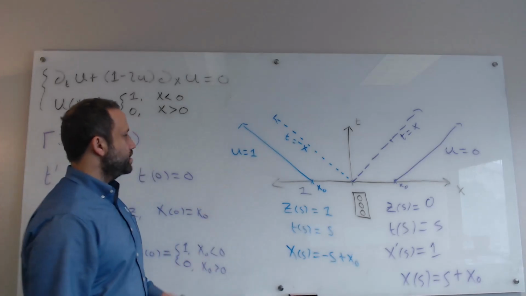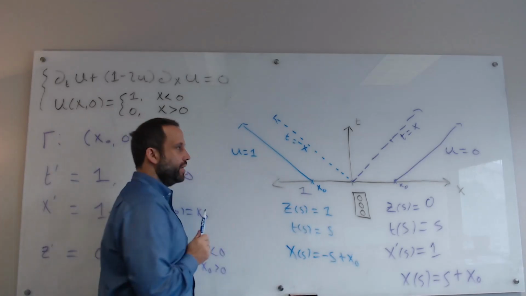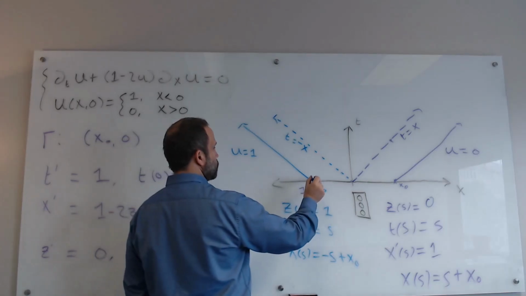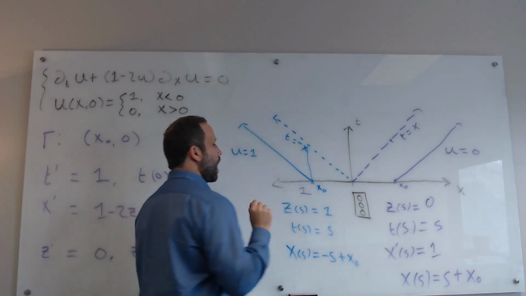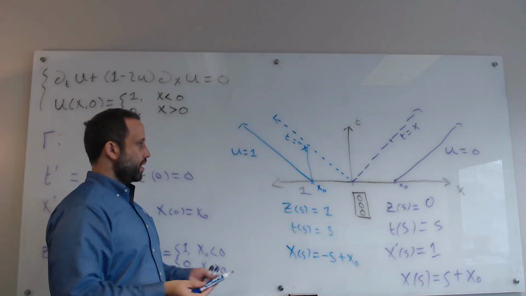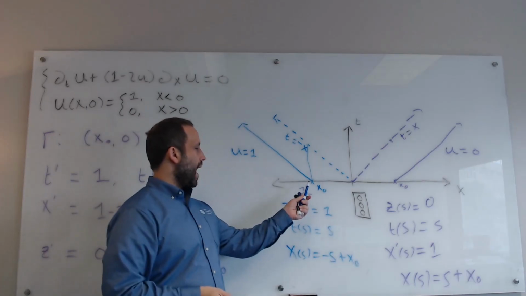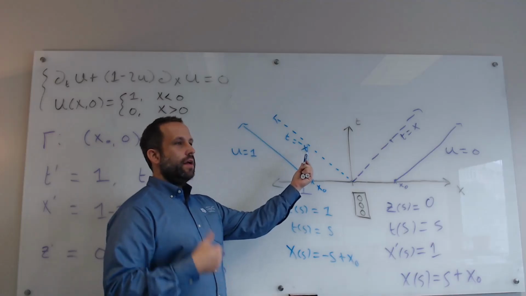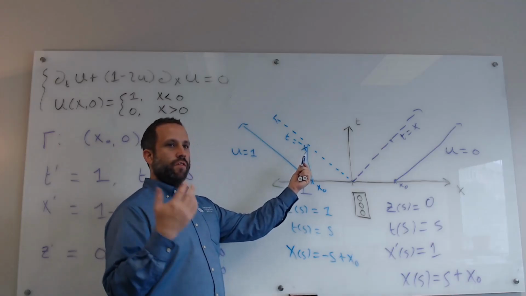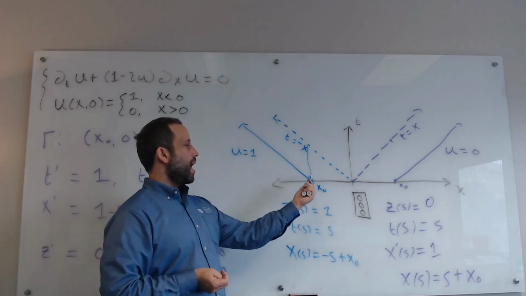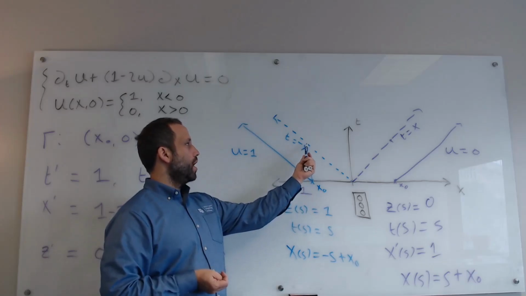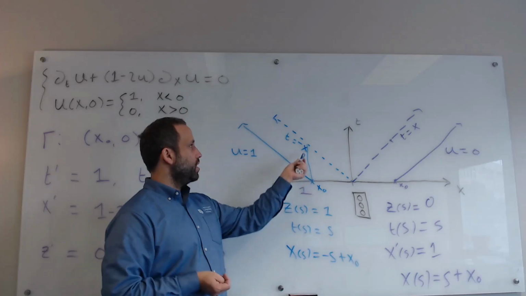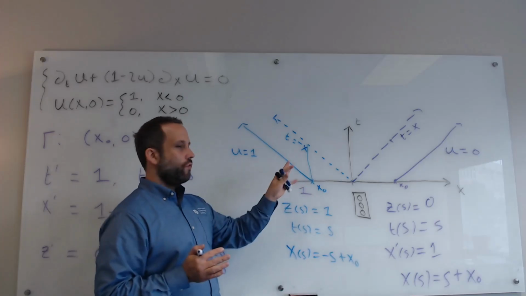So what this means, if you are in the car at location x naught, you are going to have to wait x naught units of time until you get to start going. You are at maximum density here. Okay, when the density is a maximum, velocity is equal to 0. So you're going to have to wait until time t equals x naught, whatever the units are, for you to start moving.